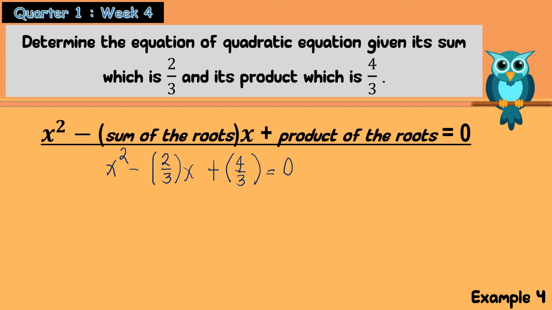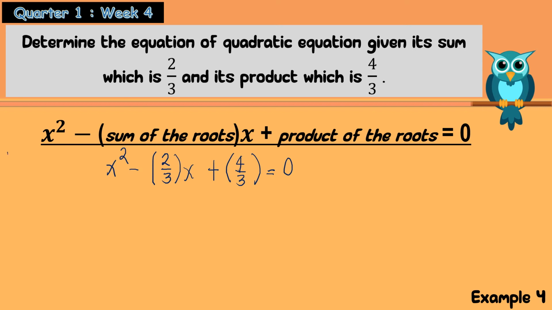So, we see from this example that the denominator is 3. So, we're going to get the LCD, or the least common denominator, of both the denominators of the fractions that we have. So, that is 3 and 3. Therefore, we can easily identify the least common denominator here, which is 3.